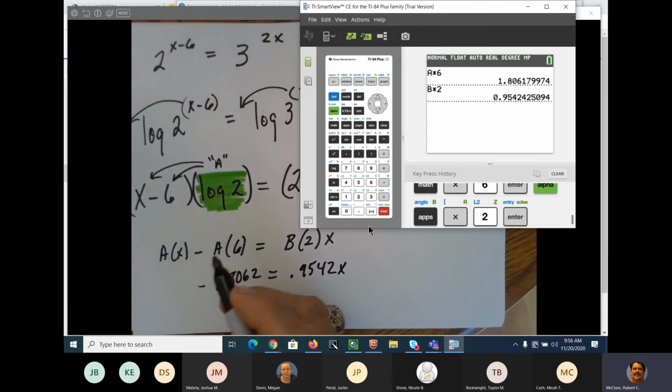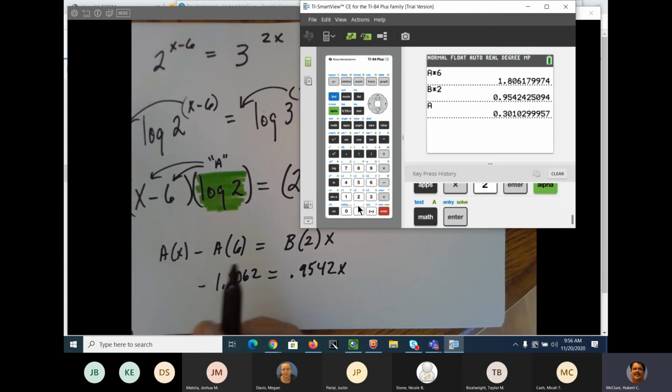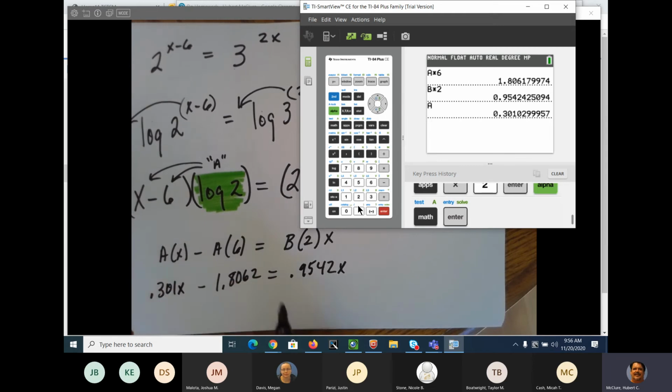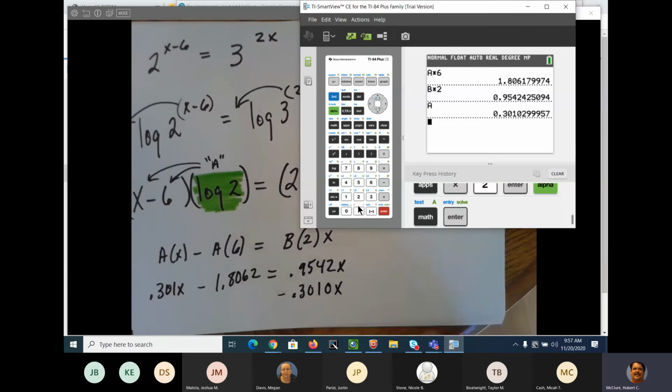And what is A equal to? Alpha A is equal to 0.3010, so 0.301x. So there is my pre-algebra problem. And of course, I'm going to bring this over here, minus 0.3010x.